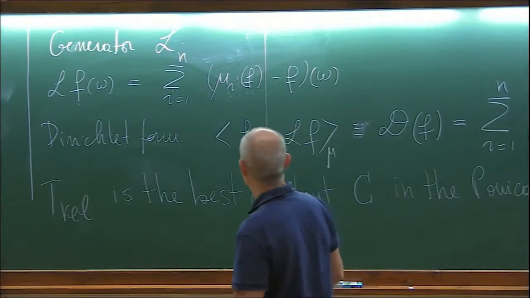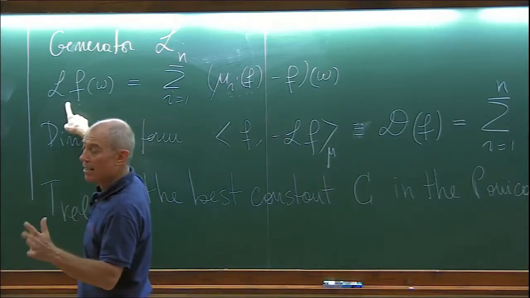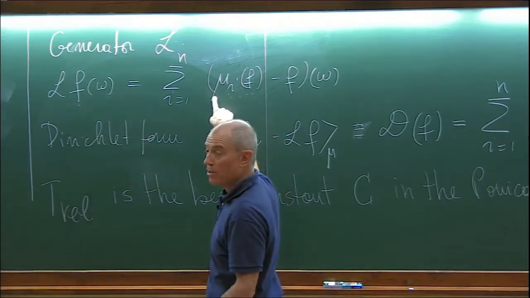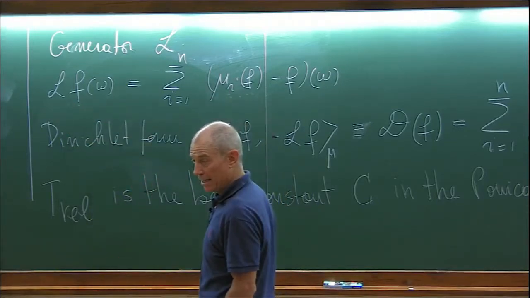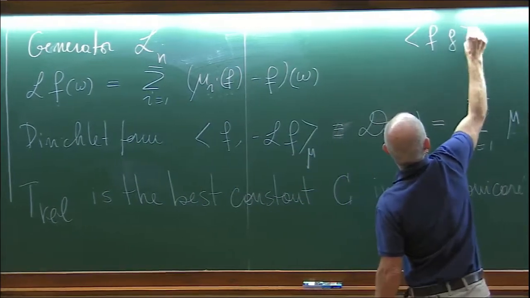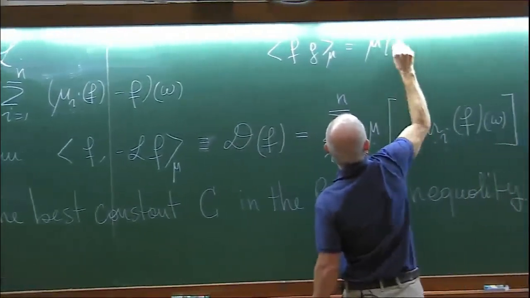So the eigenvalues. L is a matrix that is symmetric with respect to the scalar product given by mu. So the scalar product of f, g in mu is equal to the average of fg.